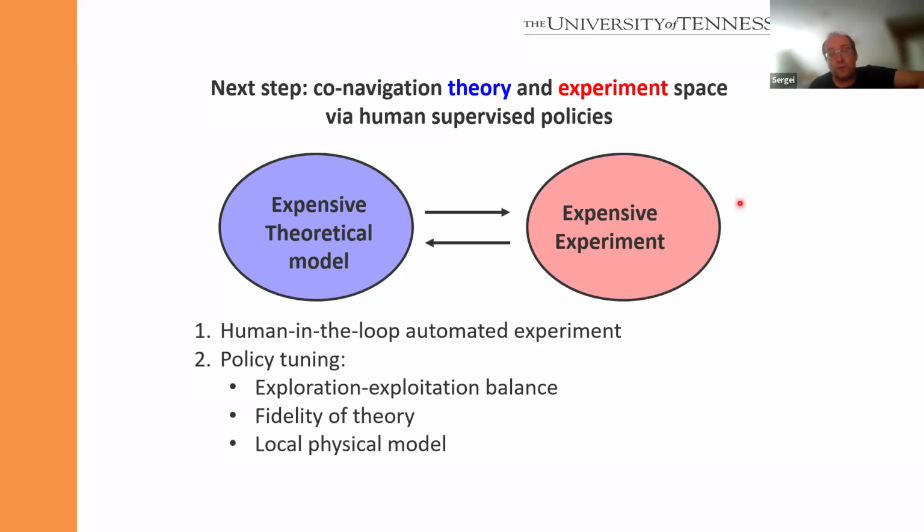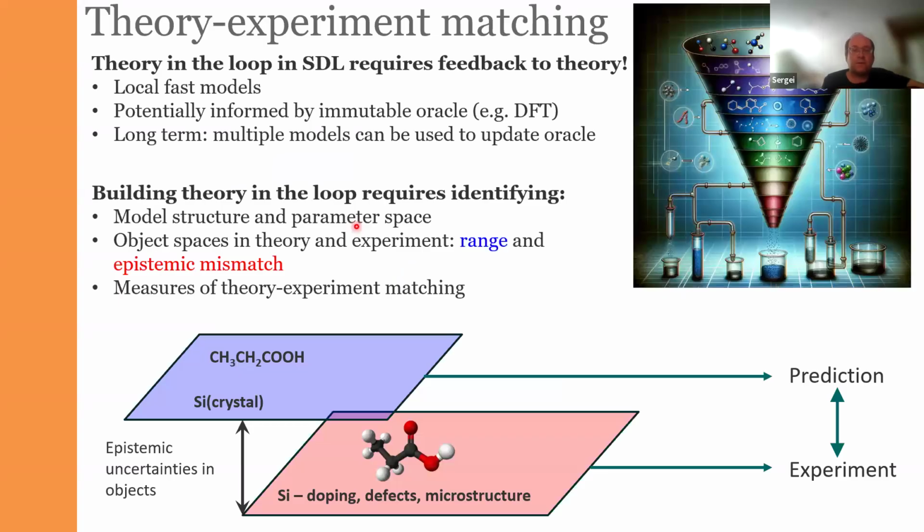So for us, the problem is that sometimes we have to deal with expensive experiment and expensive theory. And the question is, if I want to run theory and experiment in parallel, what type of decision making should I use in order to choose how to make theory and experiment reinforce each other? It turns out that this is actually a very, very complex problem.